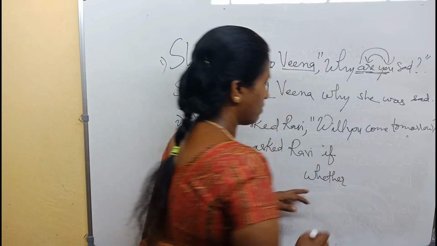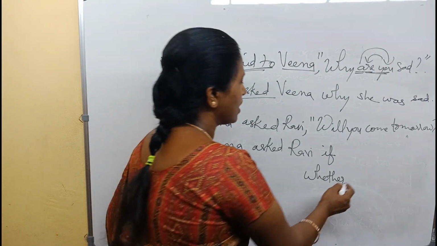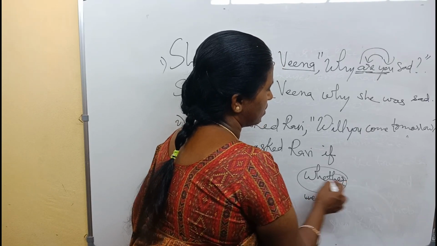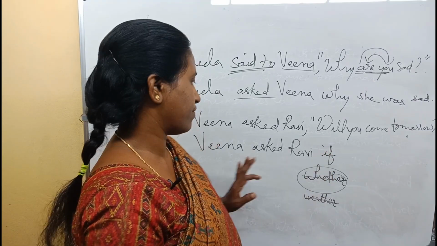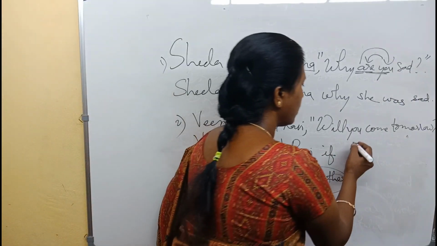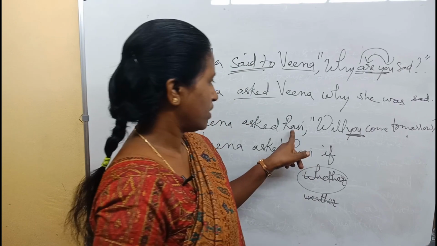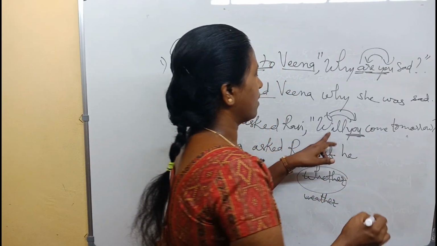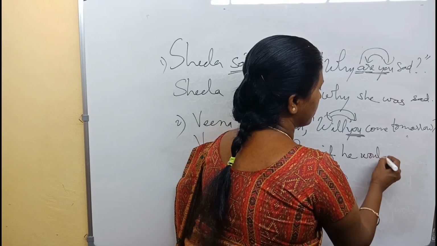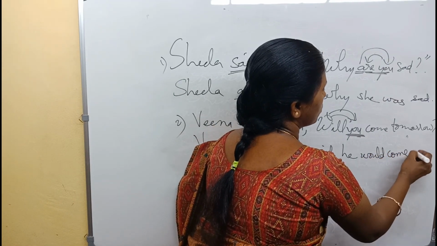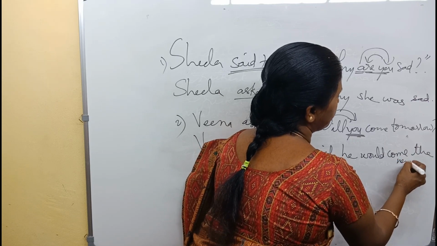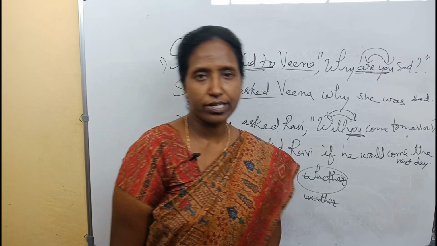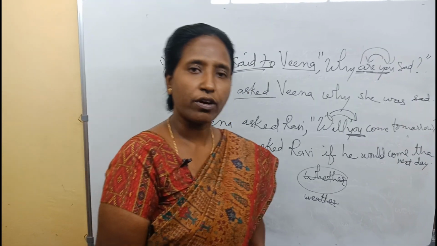I would not advise you to use whether because generally it is confused with the spelling weather. So it is better not to use whether, use if. Veena asked Ravi if, who is this you? It is Ravi. He or she? Yes, it is he. Will changes to would. Come. Tomorrow changes to the next day. Yeah, if time permits, I will make a video on reported speech maybe before the exam or after the exam.